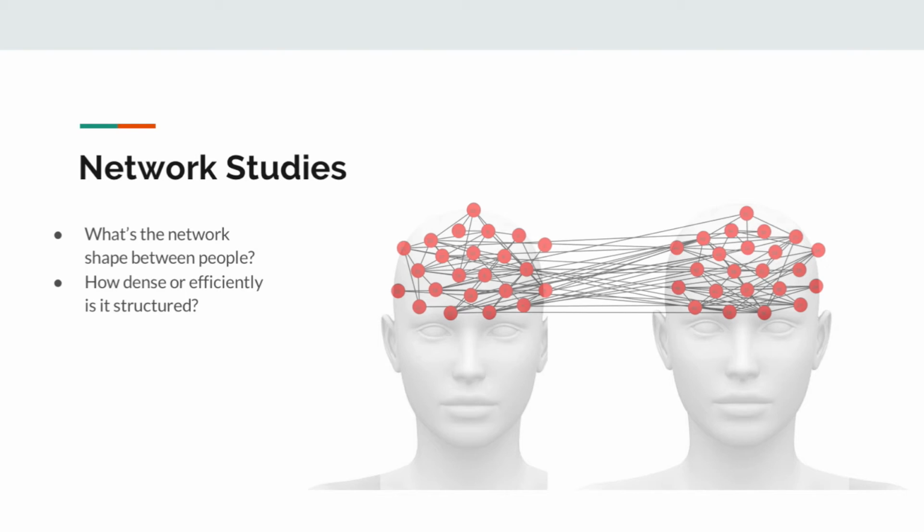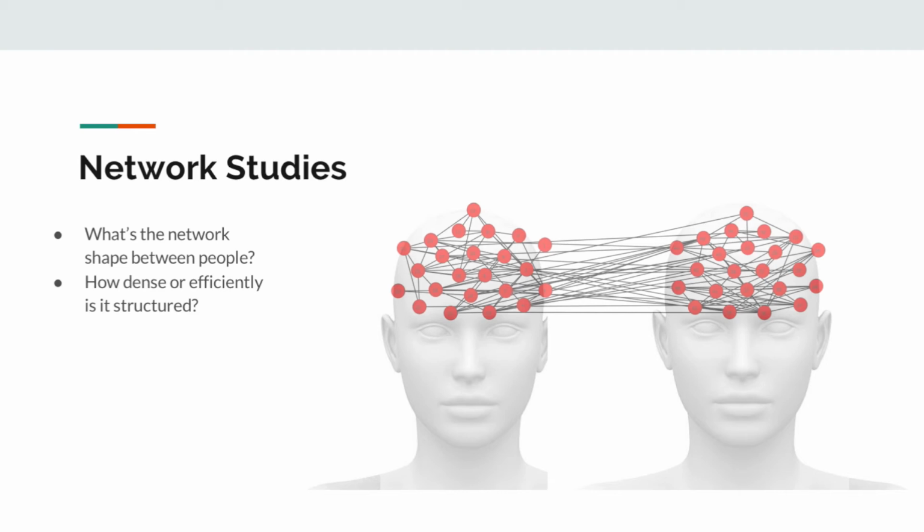What's the network shape between people? Here at UCLA, Carolyn Parkinson does some interesting work where she looks at how people's brain activity, looked at normally, is characteristic of their position in a social network, or how other people look at it.